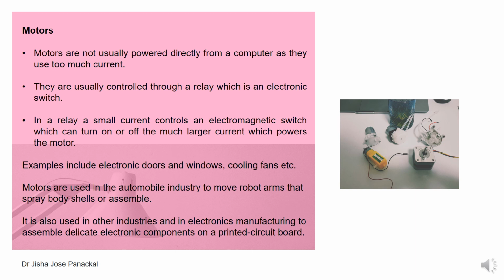And it can also be used in other industries and in electronics manufacturing to assemble delicate electronic components on a printed circuit board that is difficult for a human hand. So it can be done with the help of robot arms and this can work with the help of motors. So these are the various control devices used as output devices of computers.